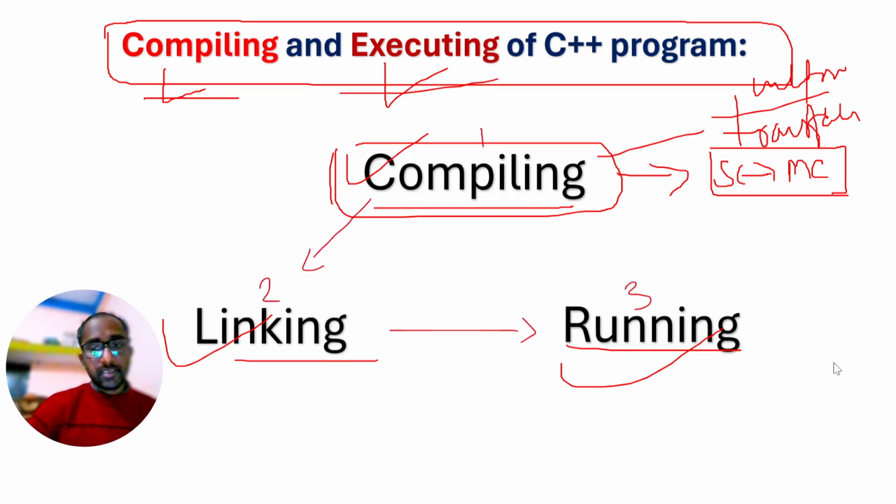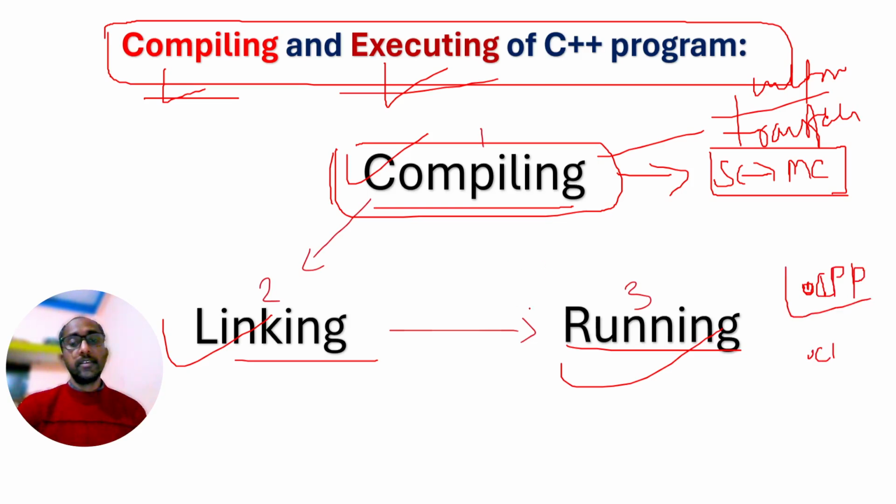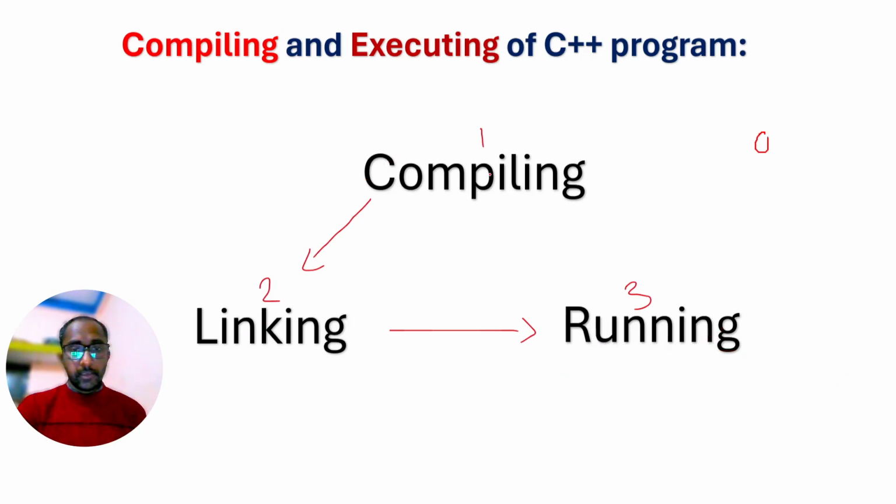The extension of C++ programming is just .cpp. This is the extension of the C++ programming. A .cpp file is a program file, also known as a source file, and when it is compiled you get an object file.